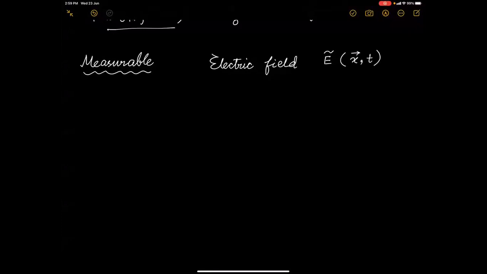Now, there is not only a single electric field that you are supposed to measure at a given point. You are supposed to measure more, because the electromagnetic wave has the property called polarization. So I should be measuring 2 orthogonal components of the electric field at each point.